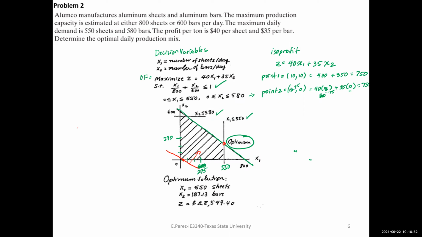So you find the isoprofit line using these 2 points, 10, 10, and 18.75, 0. You use those 2 points to draw a line, which is this line, and then you move that line in the direction of improvement. You find the last point that is touched by that line, and that's the optimal solution.